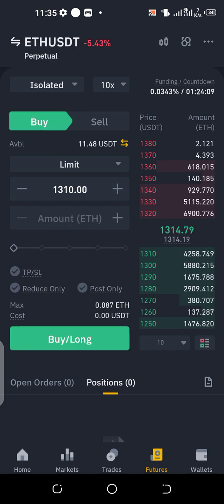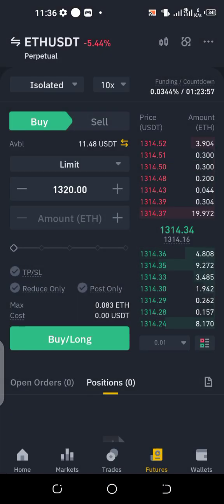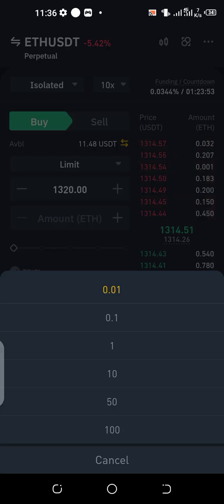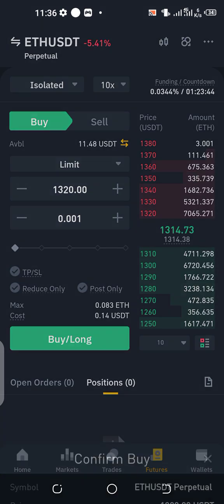Now, using 10 times leverage in isolated margin mode, I can place an order at 1320. That's the lowest available sell order. Actually, the last available sell order is 1314.37, but it's changing rapidly, so I can make it my denomination tens and then click on that, place 0.001 and buy.